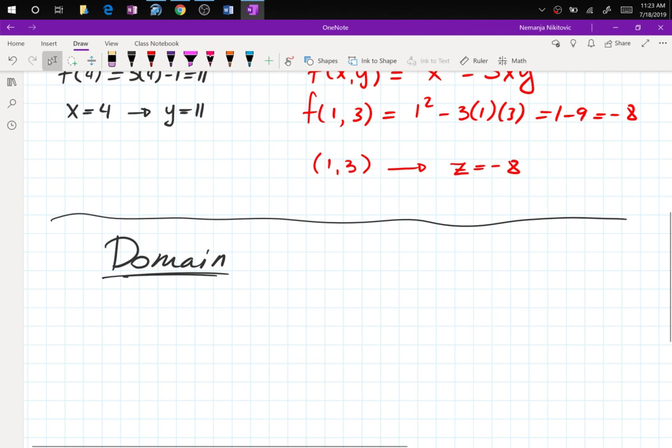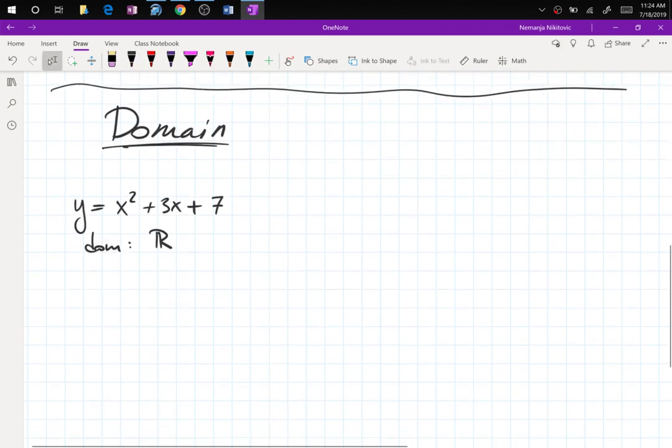The rules don't change because you added extra dimensions. Calculations change, while the rules stay the same. So if you take y equals x squared plus 3x plus 7, and you say domain is all real numbers, that's your pre-calculus talking, and you're right.